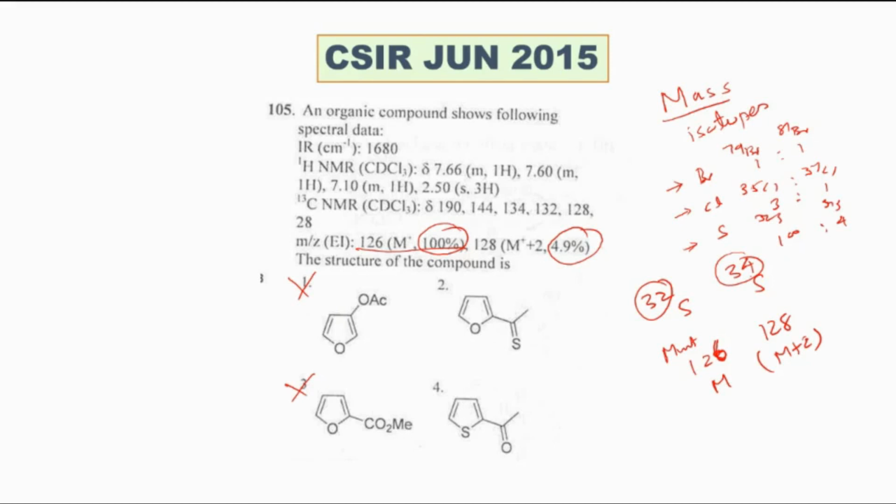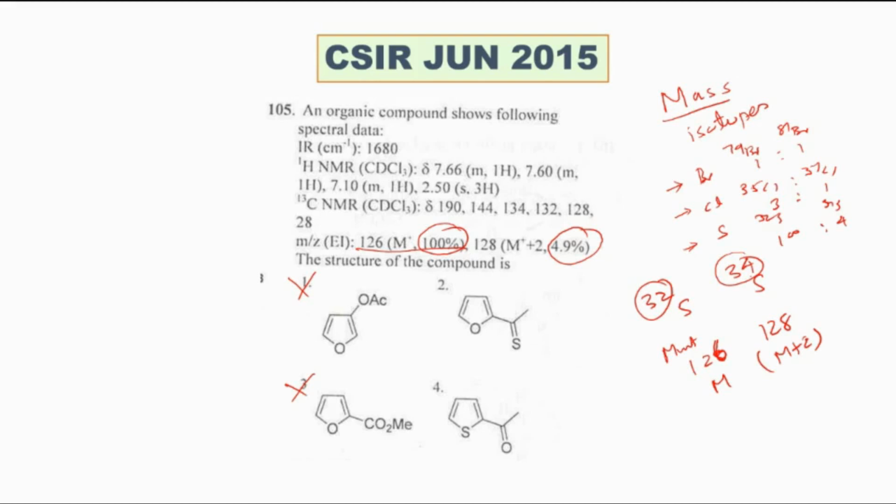They will not just give you the data for nothing. If data is given, it will help you solve the problem partially. Here the mass data has helped me solve the problem partially, saying I can rule out the first option and the third option because they do not contain any sulfur.